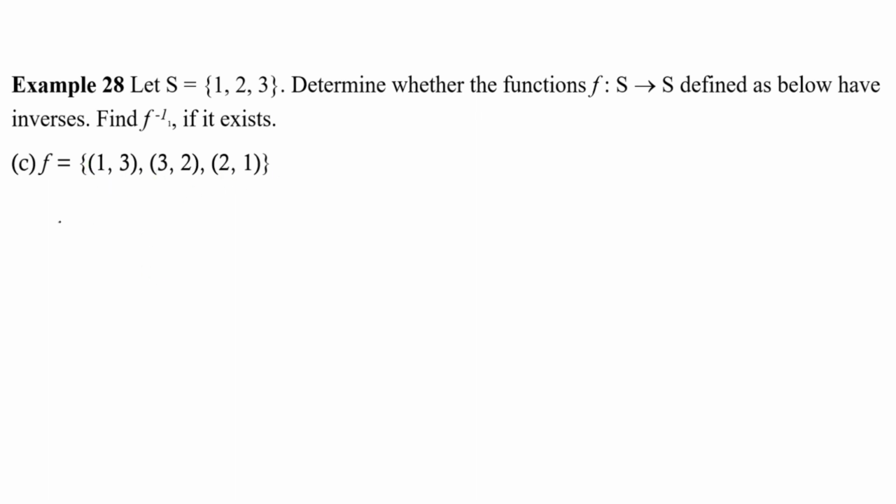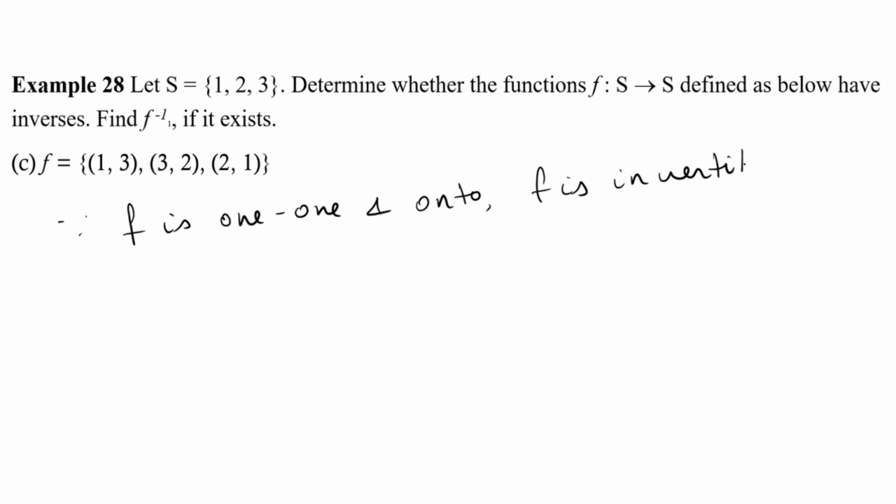So since f is 1 to 1 and onto, f is invertible. And f inverse will be: if 1 is mapped to 3, then the inverse will be from 3 to 1, 2 to 3, 1 to 2. So f inverse is equal to 3, 1, 2, 3, 1, 2.